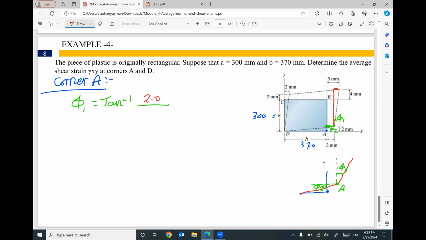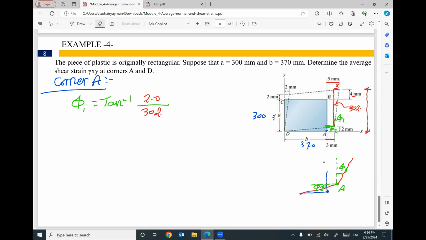How did you know it's a 2? This one is 5, this one is 3. So the difference between 5 and 3 will give you 2. The height is how much? Let's figure this out. This total height equals 4 plus A, which is 300, so it will be 304. If you subtract this 2 millimeter, this height will be 302.